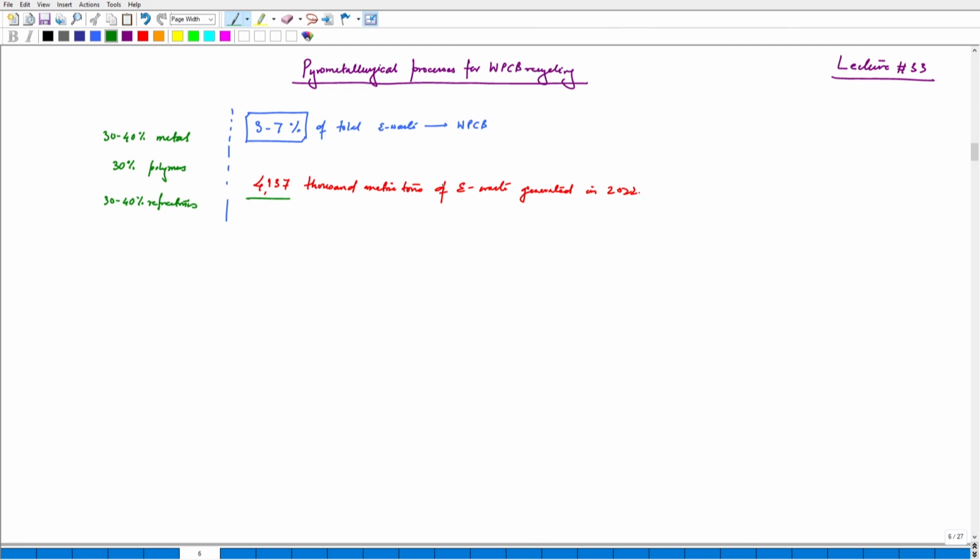So this is basically 1000 metric tons, and this value is very large, and this is just a very recent data. It's in 2022, and we are talking about India.